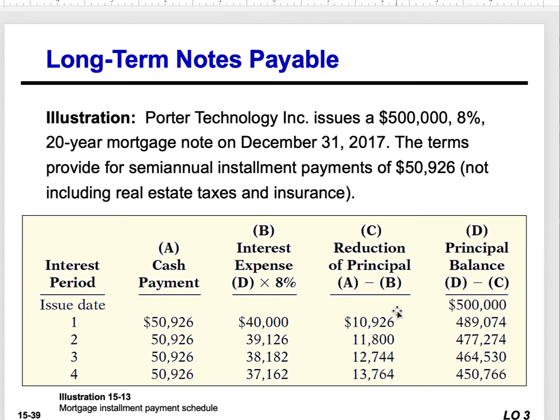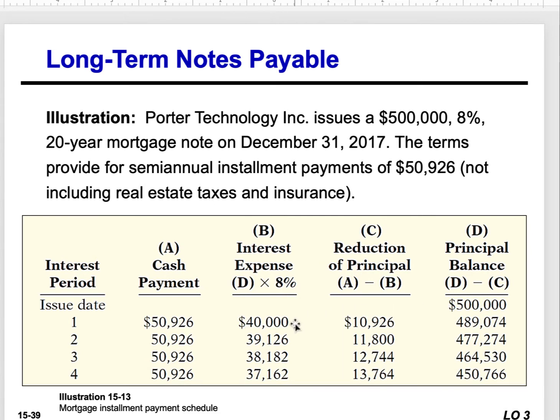So we started off, issued it at $500,000, no problem. First interest period rolls around. The cash payment is $50,926. We need to break this down. To figure out how much of that $50,926 is interest, we take the 8% and multiply it by the principal balance, which in this case is $500,000.